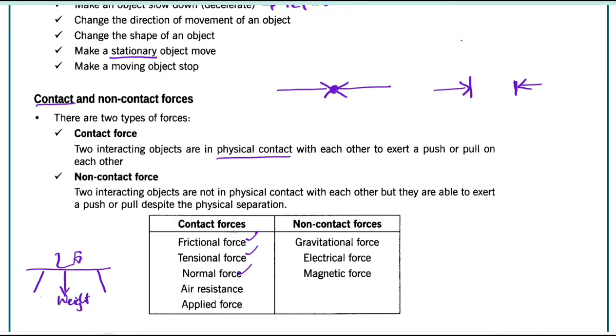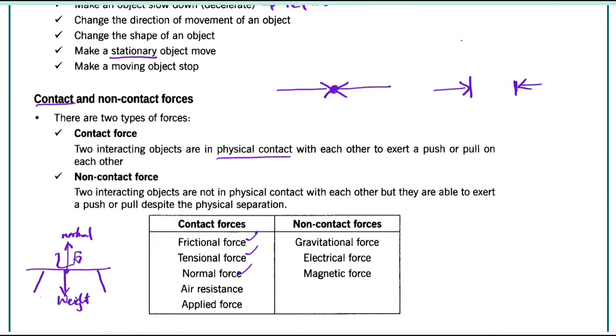Since weight goes down, there is another opposite force going upwards, called the normal force. Are we together? So a normal force is usually in line with weight, but in the opposite direction.